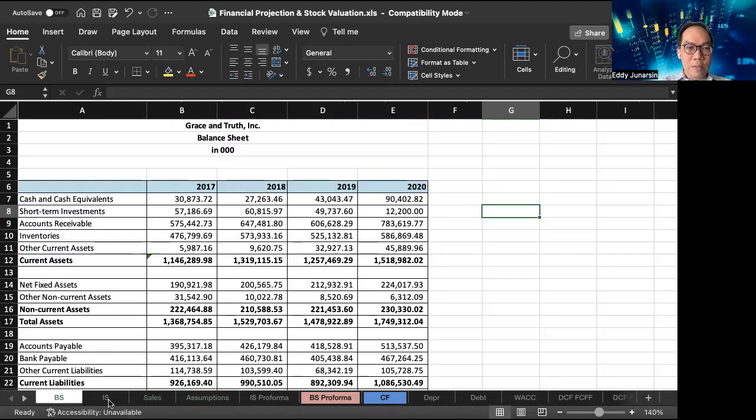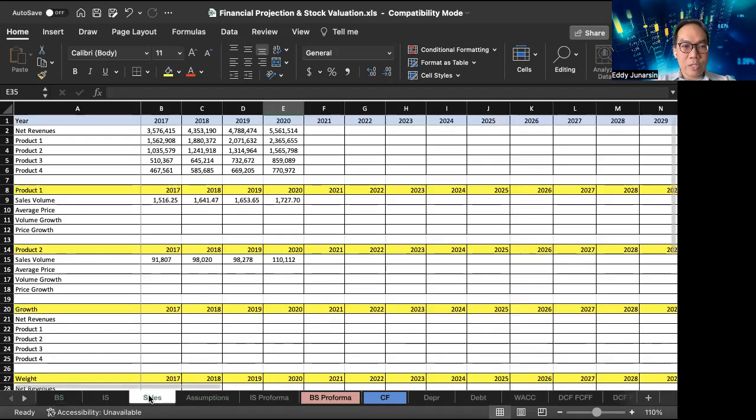Okay, so let's go to the third sheet here on this Excel file. So we got the revenues from the past, from 2017 to 2020, and we also got the breakdowns. We had the details.